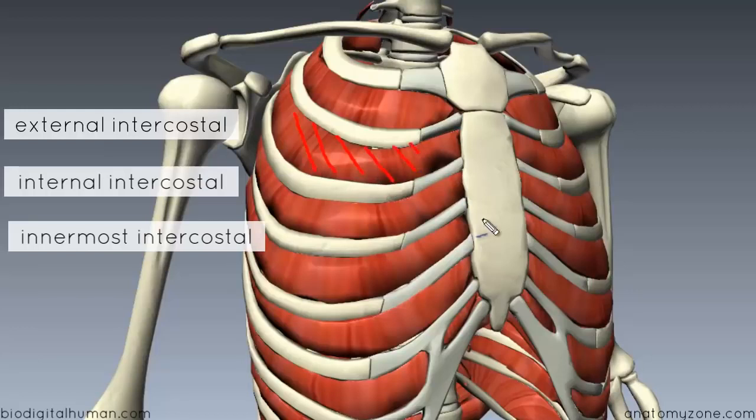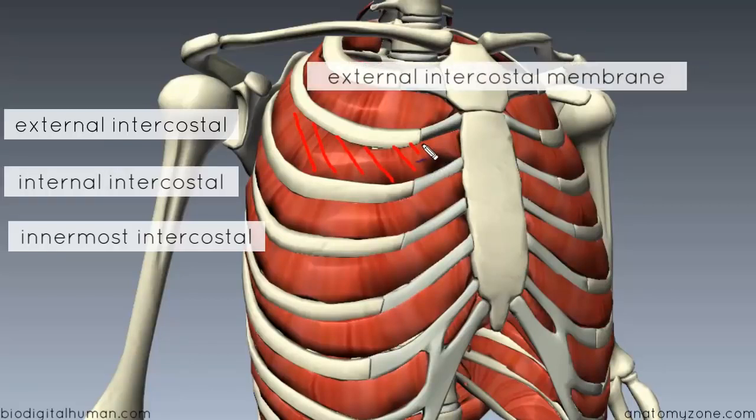What's particularly interesting about this muscle is that anteriorly, where it's about to meet the sternum, it doesn't continue as muscle, but it forms an aponeurosis called the external intercostal membrane, and this aponeurosis connects it to the sternum.